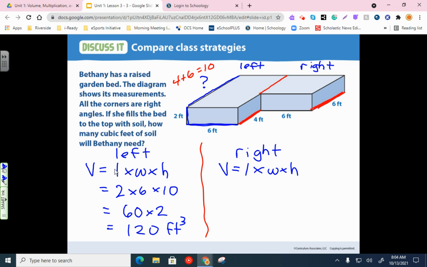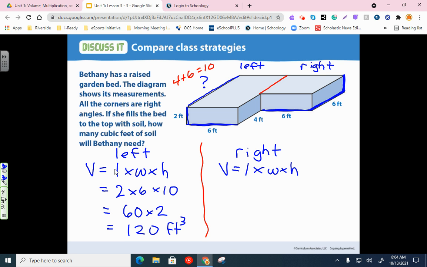Now let's look at the right side. I'm going to get rid of these so they're not confusing. On the right side, we've got 6 feet, and we've got 6 feet here, but we don't know how tall this is.